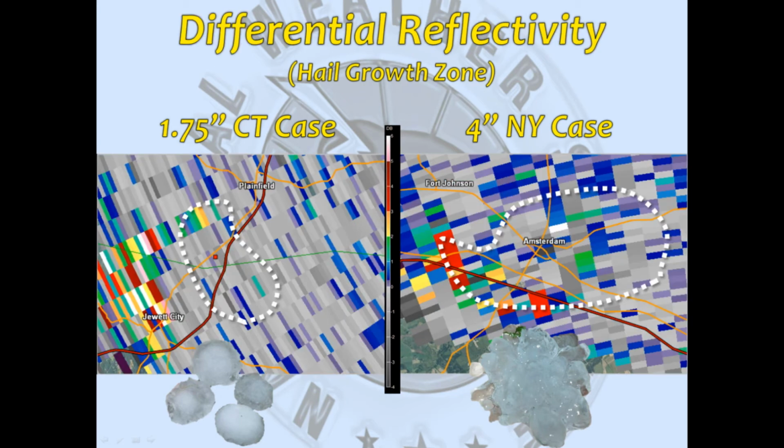So now we move forward to dual-pole variable differential reflectivity. This is at the same level as we looked at with the last one. And what we want to notice here is on the left, our differential reflectivity in that area where we'd be looking for the growing hail is all pretty much close to zero.